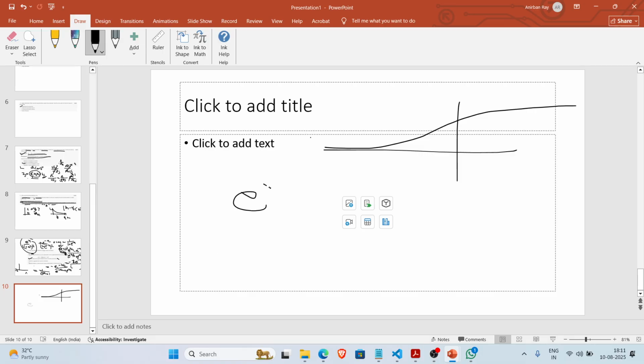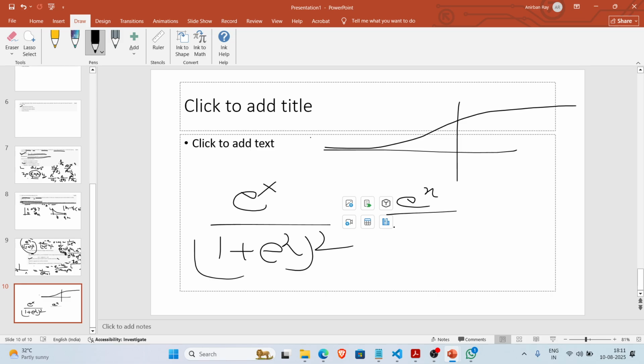So what we have here again, let's see. Taking the derivative, it becomes, again taking the derivative, it becomes, here we are getting half.